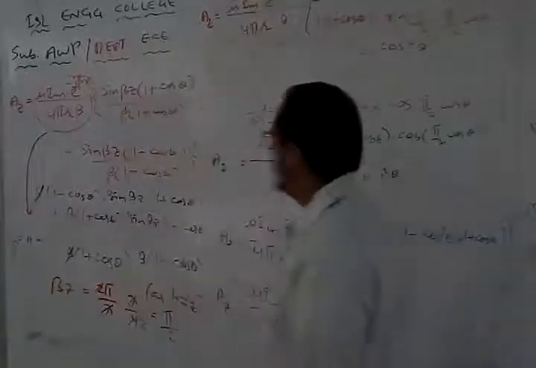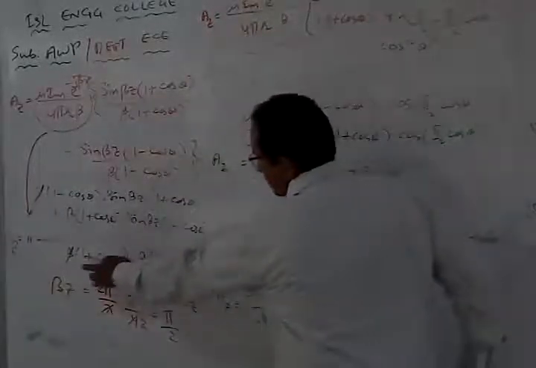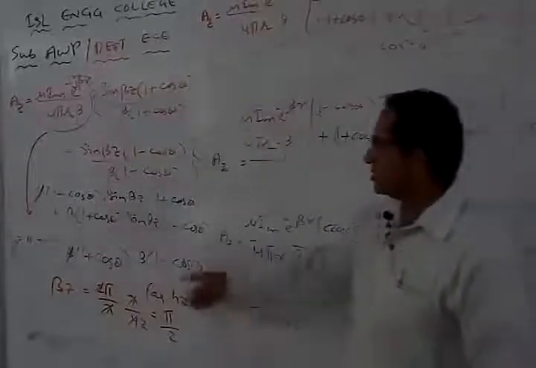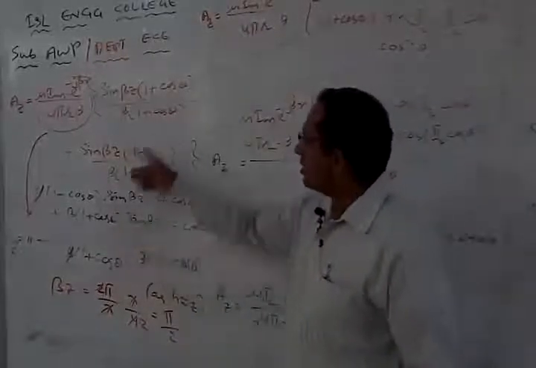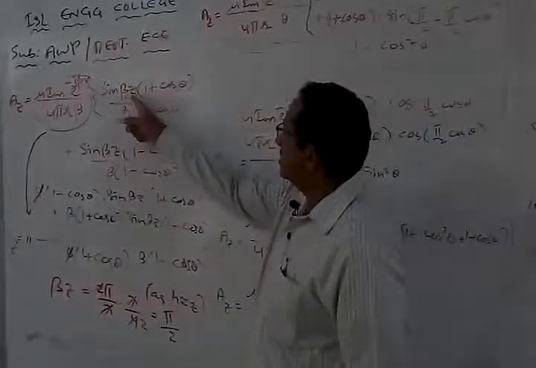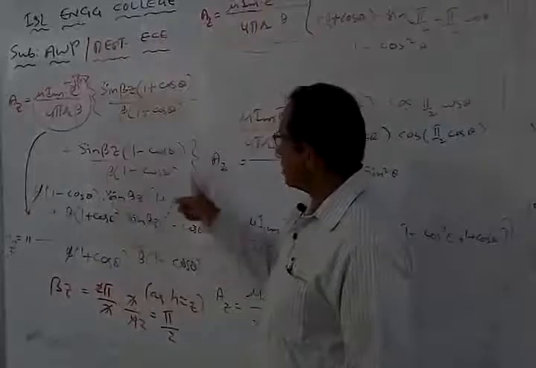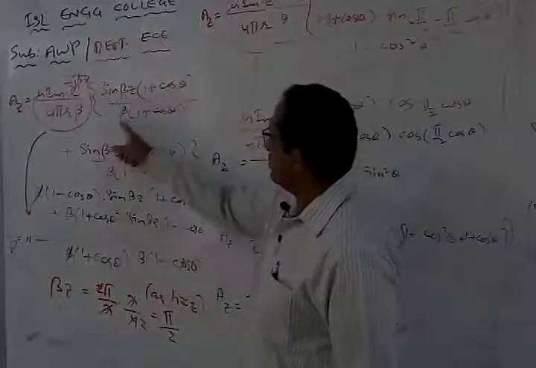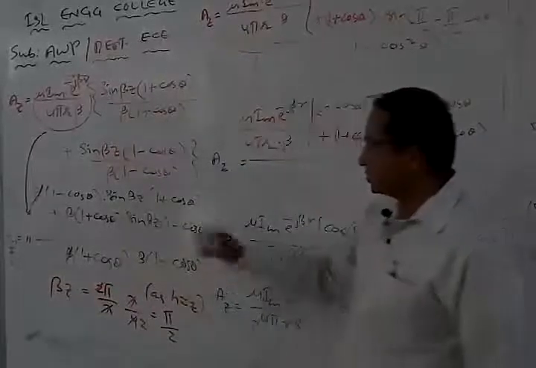We simply take the LCM on this, the common beta of 1 plus cos theta into beta of 1 minus cos theta. Here on this side we have beta of 1 minus cos theta cross multiplied with sine beta z of 1 plus cos theta, plus sine beta z of 1 minus cos theta into beta of 1 plus cos theta. So this is the equation we get.